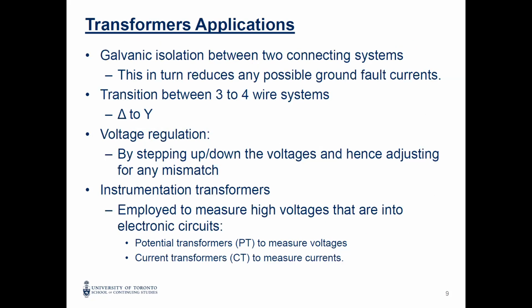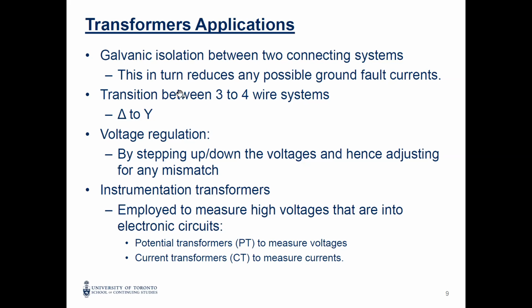So the applications of the transformers, we discussed it during the history, the main applications of the transformer, but there are different applications, not just the high power, which we will discuss in the next slide, but even in the electronics to make isolation between two systems.